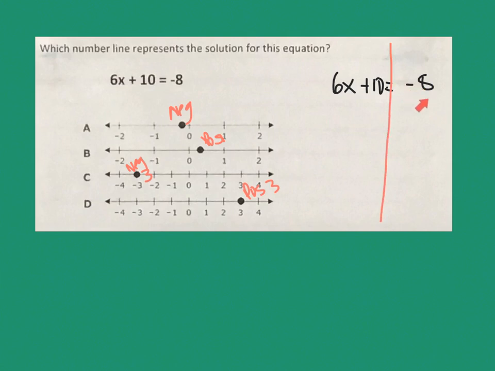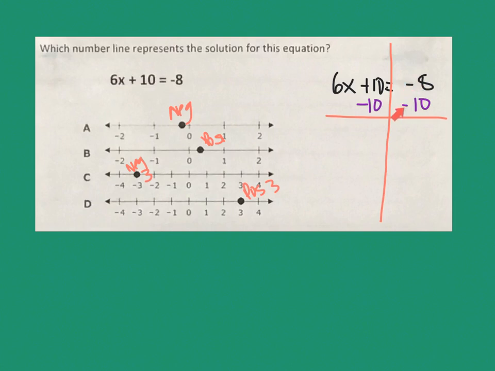Then I'm going to look, the right side is negative 8. The left side is 6x plus 10. So I need to just keep 6x all by itself over here. To get rid of adding 10 or to get rid of positive 10, I need the opposite of that. The opposite of positive 10 is negative 10. I'm going to put negative 10 on both sides so they stay equal.